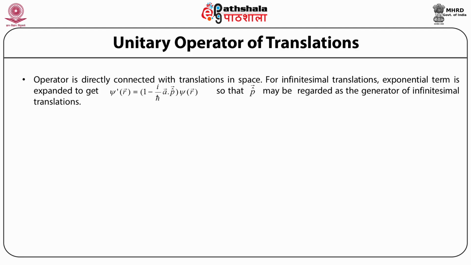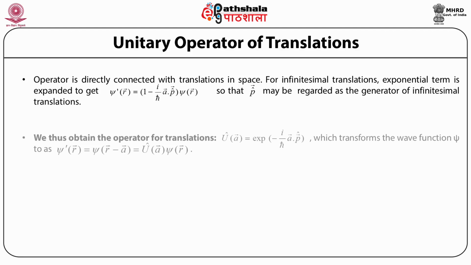And in this manner, from this equation we see that the operator p may be regarded as the generator of infinitesimal translations. Thus, we can obtain the operator for translations, and it is given by operator U as a function of position vector a equal to exponential to the power minus i by h cross position vector a dot momentum operator.